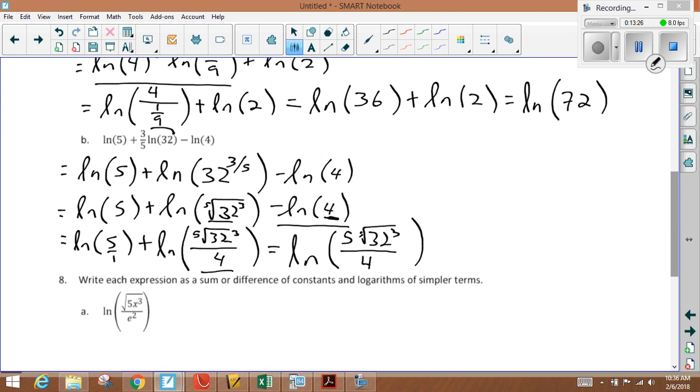Let's see. Does the 5th root of 32 cubed have a whole number answer? Let's see.